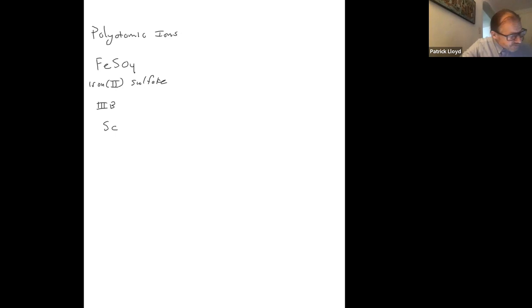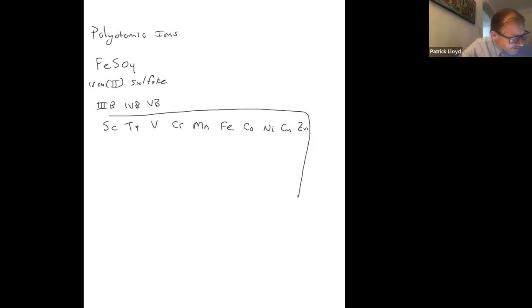And then next to it is 4B. I'm using the older system, but the older system is useful. Titanium, 5B. I'm not going to write out the Roman numeral for all of them. Vanadium, then chromium, then manganese, then iron. So here's the iron. That's the one we need here. Cobalt, nickel, copper, and zinc. Those are your transition metals. That's the first row of them. There's more than that.